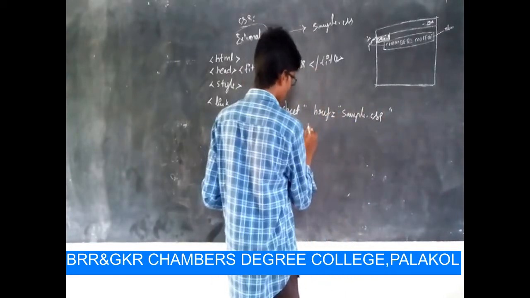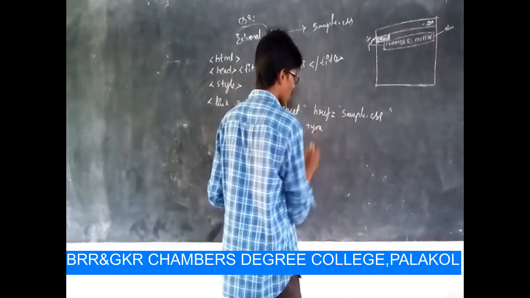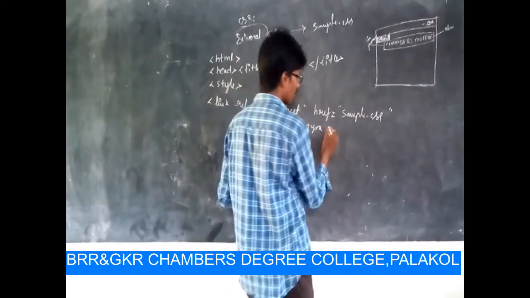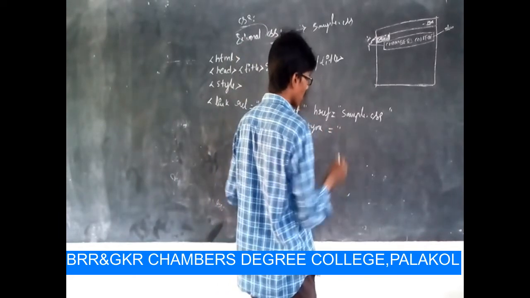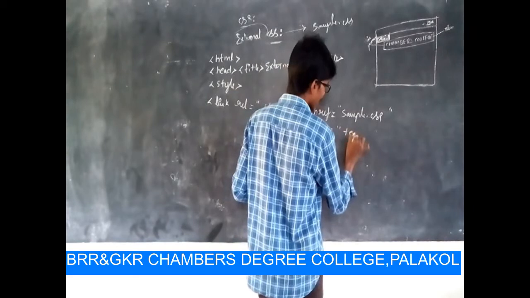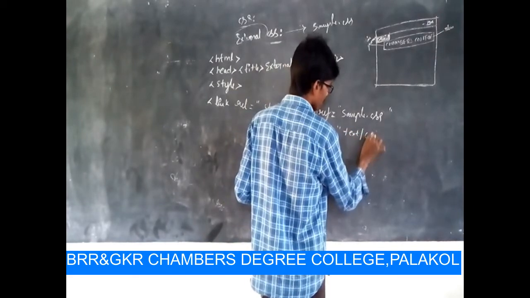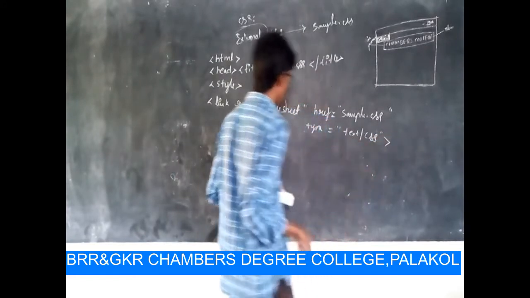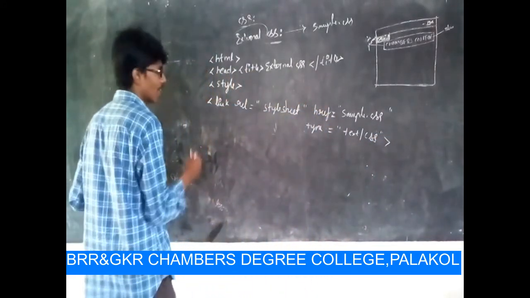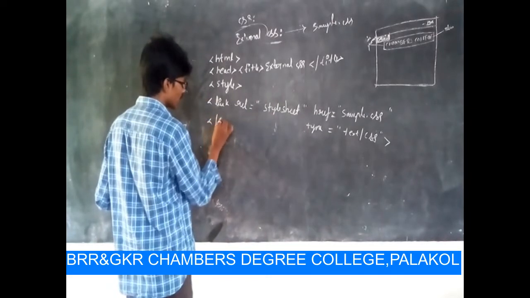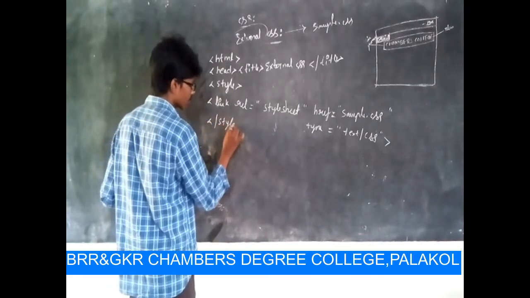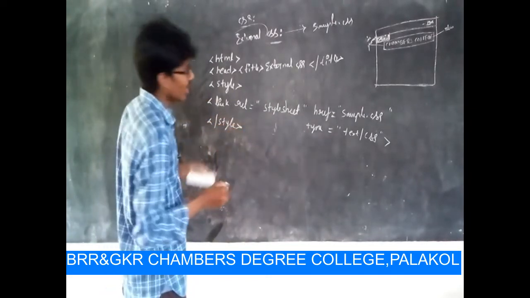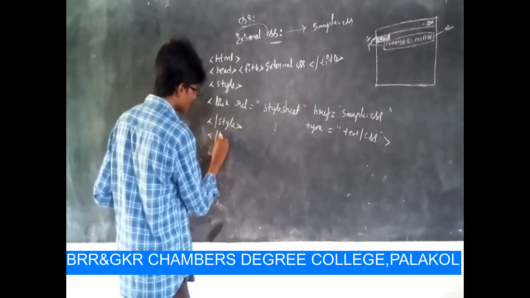After that, type equal to. This is not a mandatory thing. If you want to represent the structure of a document, there, that is text/css. After that, close the link. After that, close the style tag. After that, close the head section.